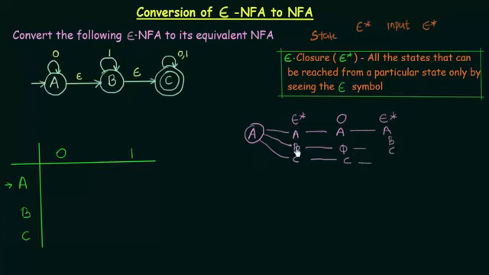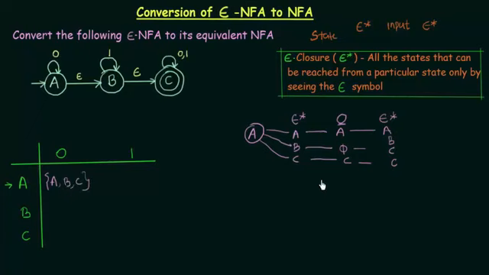And Epsilon closure of C: C on seeing Epsilon goes only to C. So we obtain the states A, B, C, and again C. These are the states to which state A will go on getting input 0 for our NFA. So here I will write states A, B, and C.